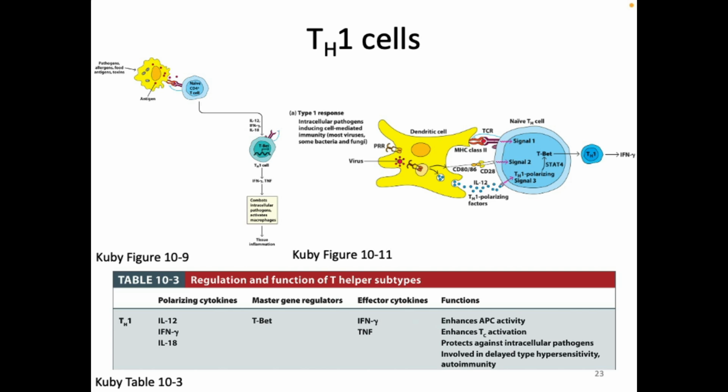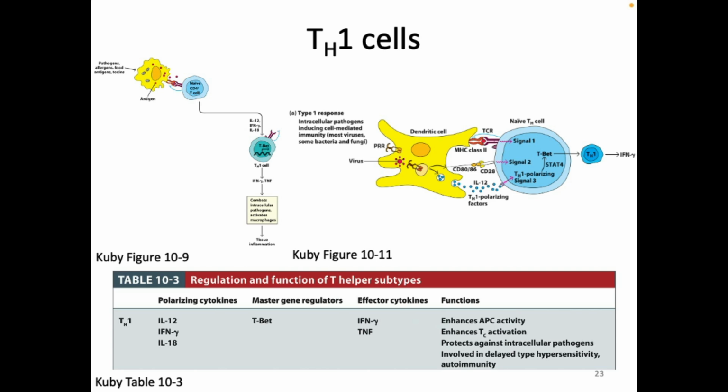What kind of pathogen is going to be helped when you have a lot of CD8 T cells getting activated? So if we enhance our CD8 T cells, what pathogen are we going to be really good at dealing with? Yeah, a virus.